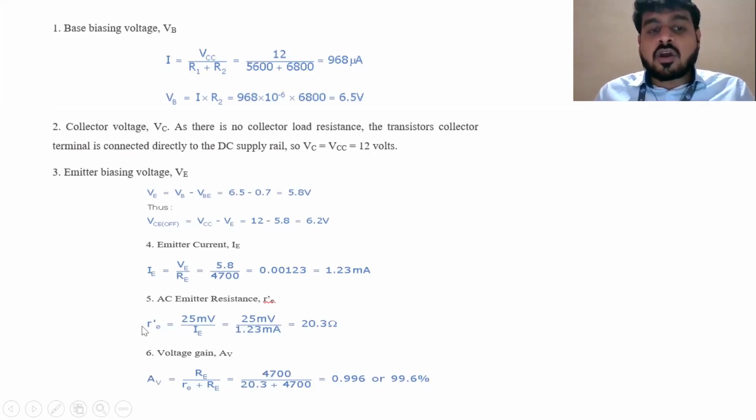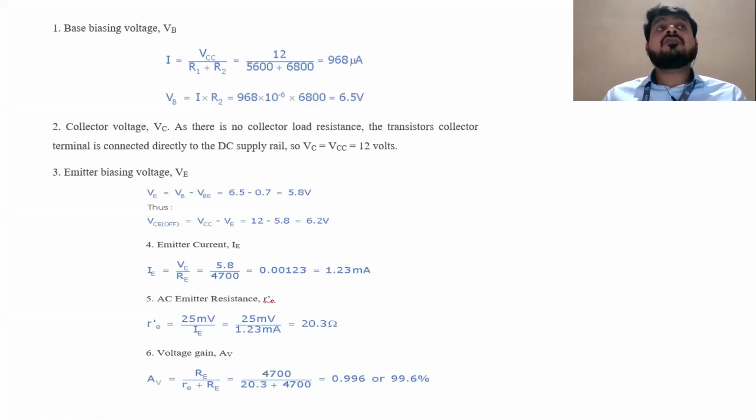So if I am talking about the AC resistance at the emitter terminal, I am using only the basic Ohm's law, with 25 millivolts, a silicon voltage, divided by IE. You get the AC emitter resistance at the emitter terminal. So I get 20.3 ohms.